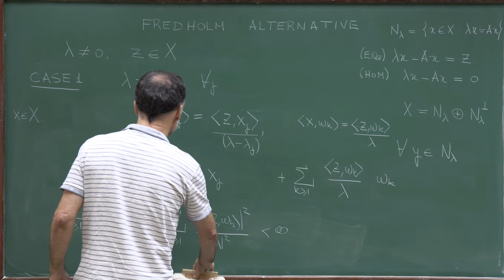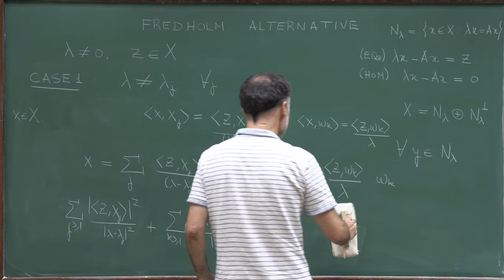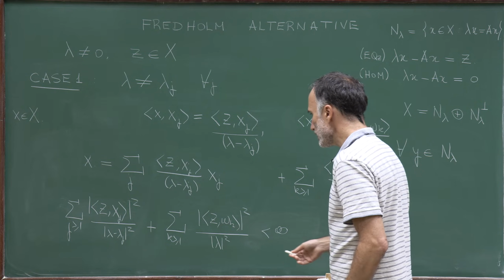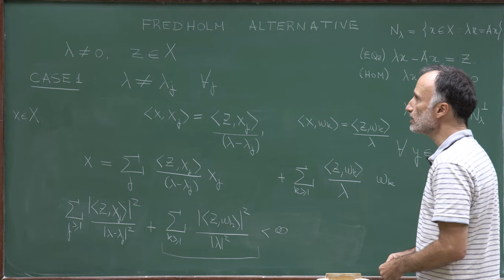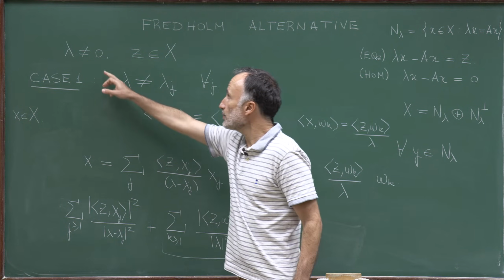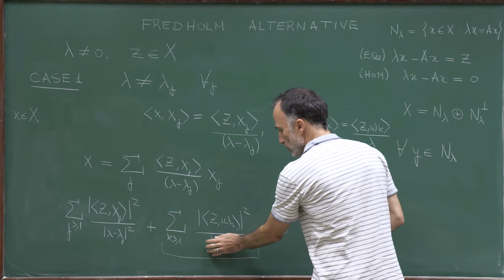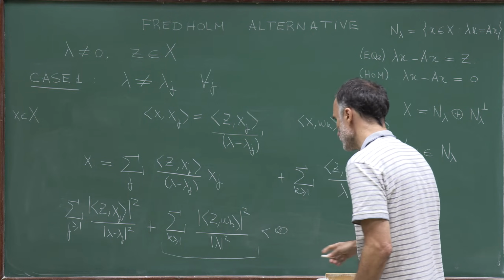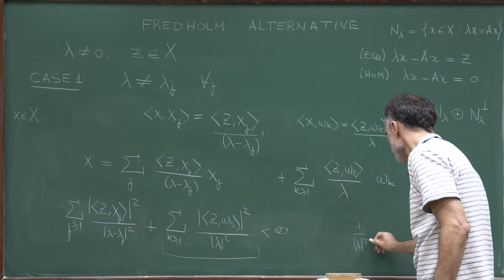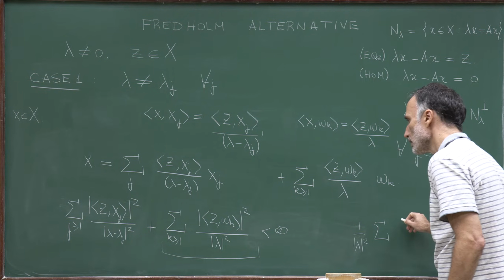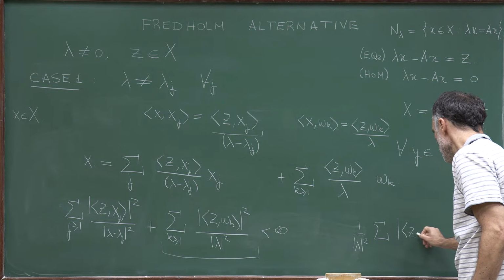But this is clearly true because, on the one hand, the second sum is finite since I'm assuming that λ is different from 0. The second sum is equal to 1 over λ² times the sum of |z, w_k|².